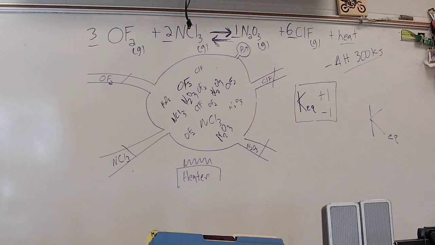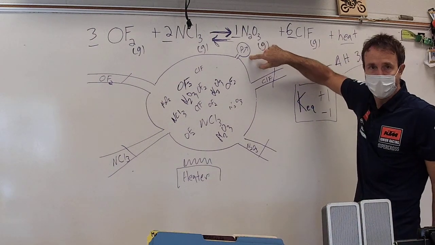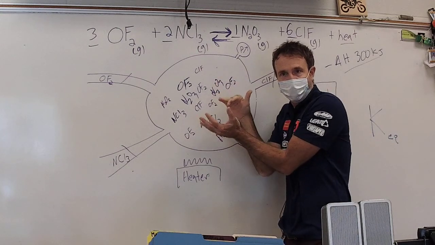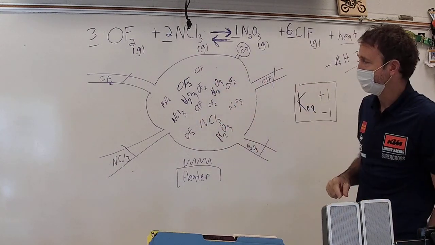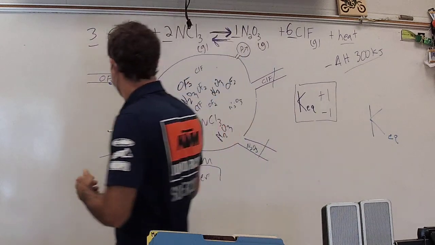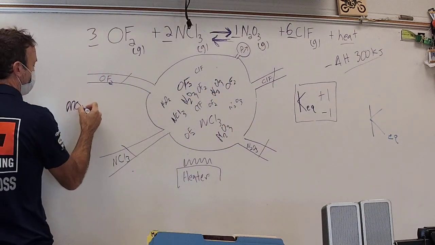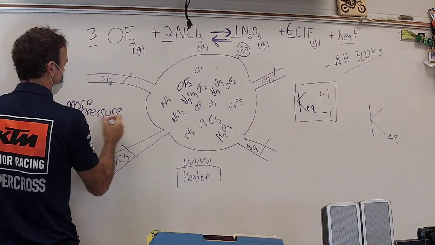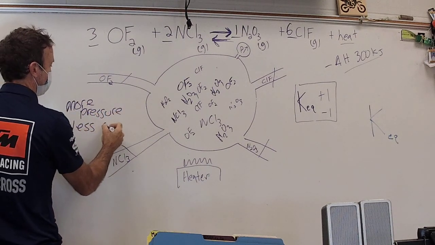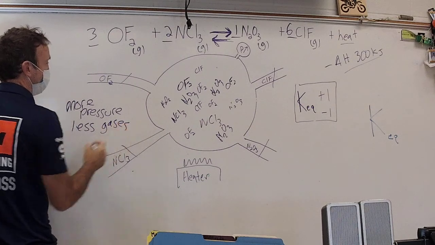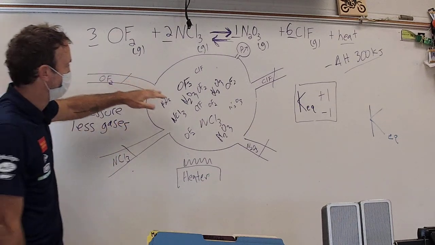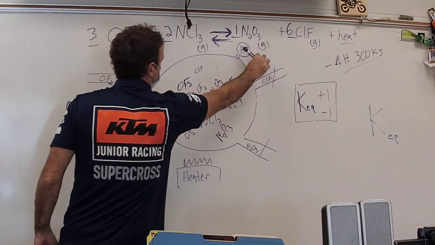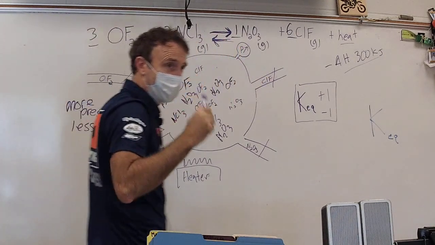So let's crank up this compressor and add a lot of pressure to this system. If we add pressure, the system shifts toward fewer gases. So we look at our formula. We add pressure to the system. We are going to shift to the left. Why, you might ask?